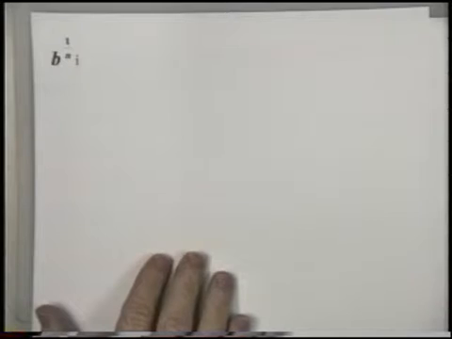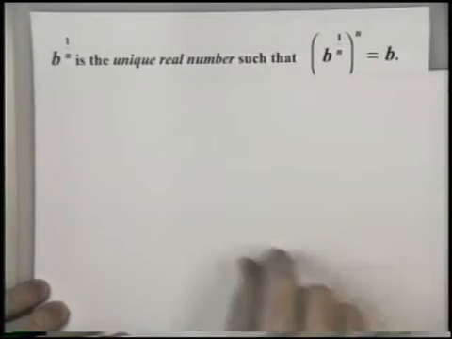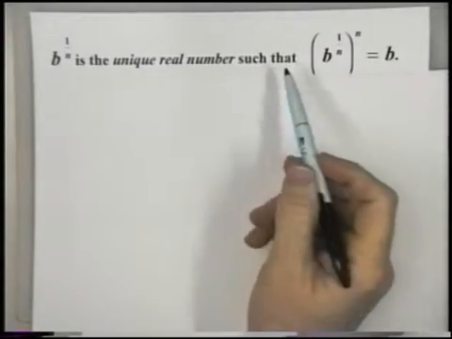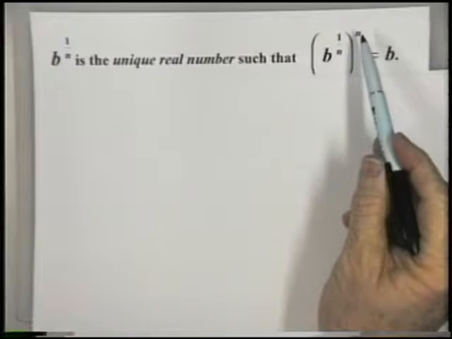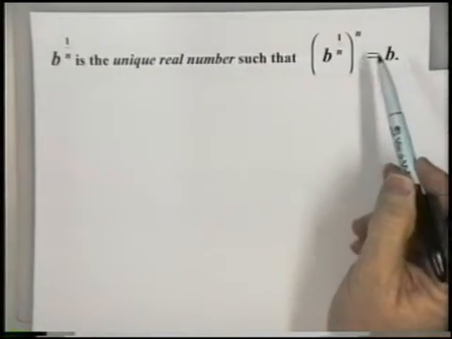So let's see if we can define, first of all, what we mean by b raised to the 1/nth power. Here's what we're going to say. We're going to call b to the 1/n the unique real number such that the nth power of that number turns out to be b.